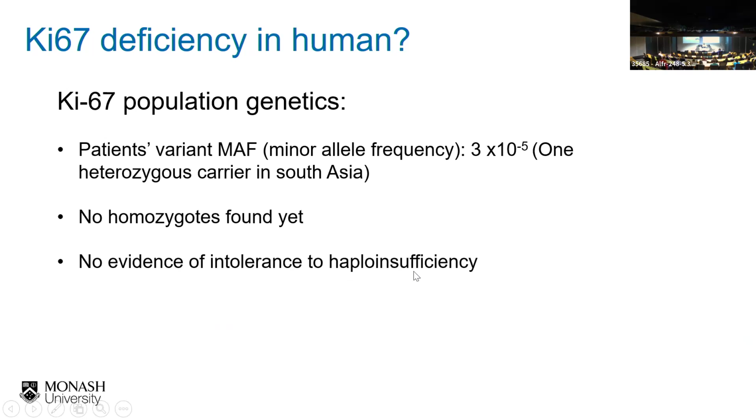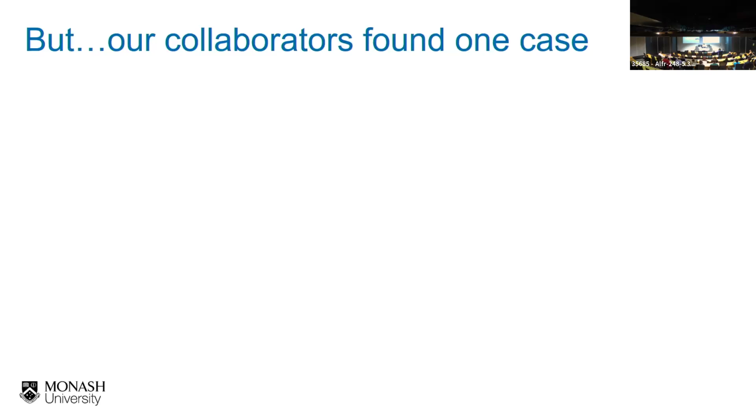We also found that similar in our mice: the heterozygous mice do not have a phenotype. But our collaborators found one case of a Ki67 deficient human patient.